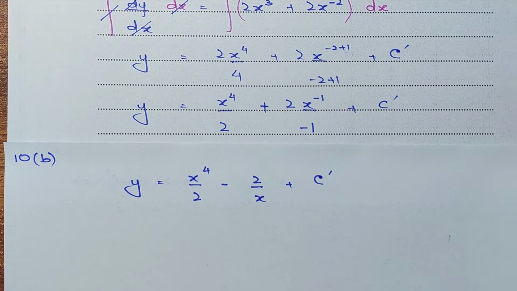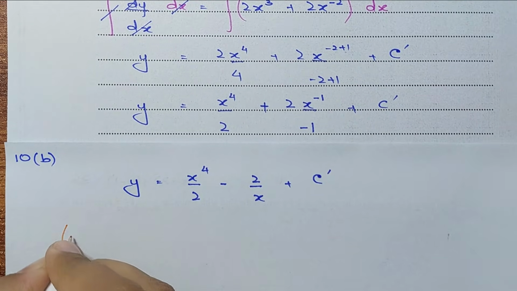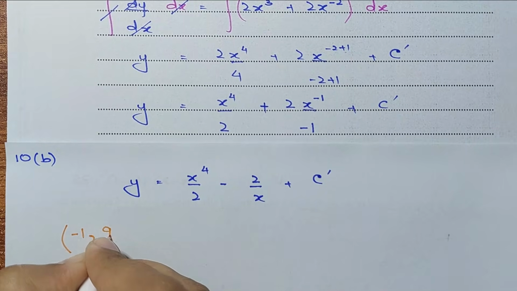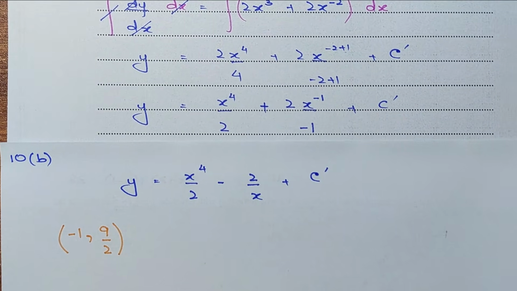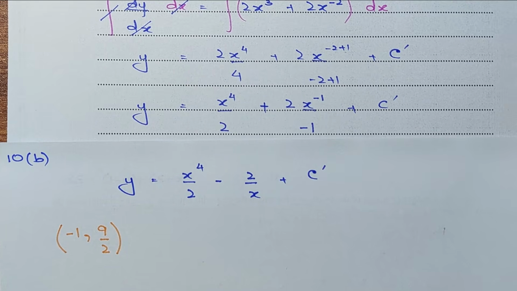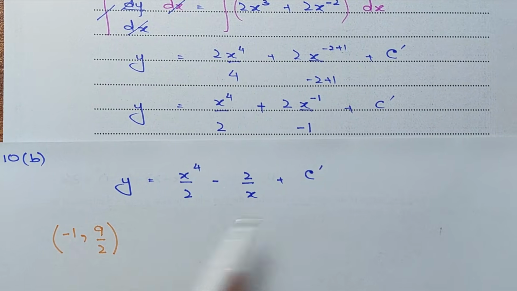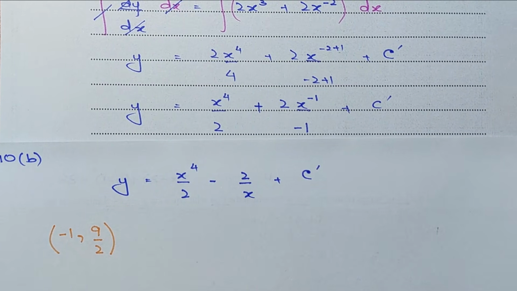Now, as we know, the coordinates of the stationary point are (-1, 9/2). A stationary point is basically the turning point, and a turning point or stationary point must lie on the curve. So if some point lies on the curve, it must satisfy the equation of the curve. So just plug in the values.